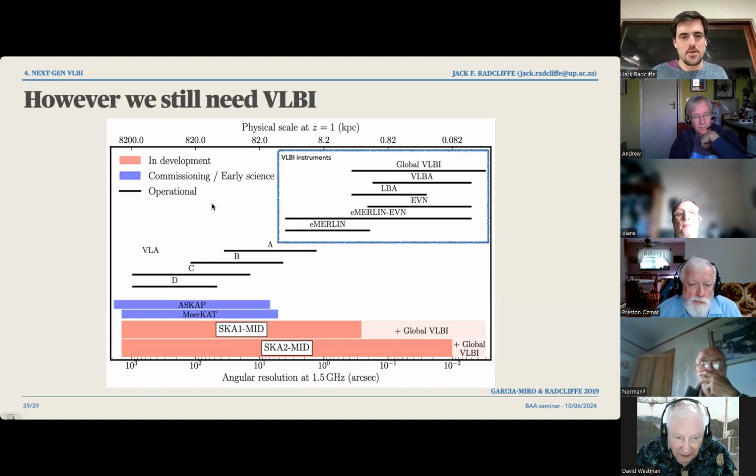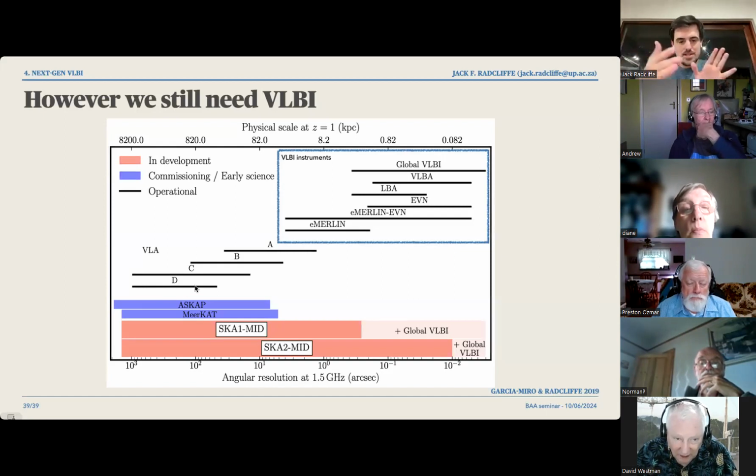At the top, you've got physical scale at a redshift of 1. The bars show what that interferometer can measure in that region. So the VLA in its D configuration, which has a 2-kilometer longest baseline, can measure angular resolutions of about 10 to the 3 to about 6 or 7 arcseconds or so here.